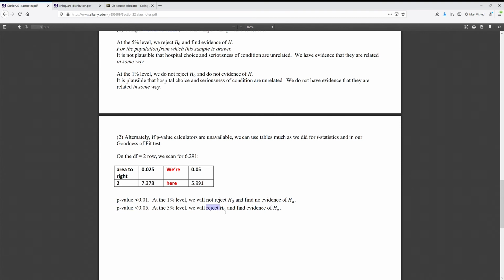So we will, as always, if the p-value is less than the level you're comparing it to, then you will reject H0, in this case independence, and you will find evidence of HA. It is no longer plausible that which hospital you go to and whether you're in serious condition or not are unrelated. We have evidence that they are related in some way to some degree.